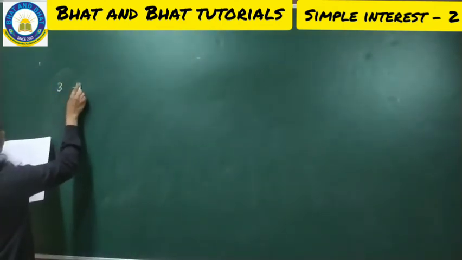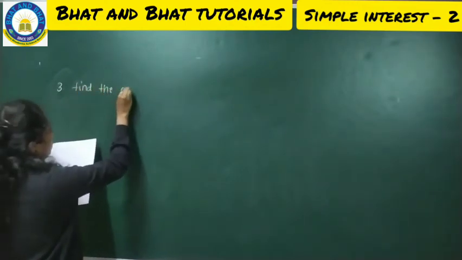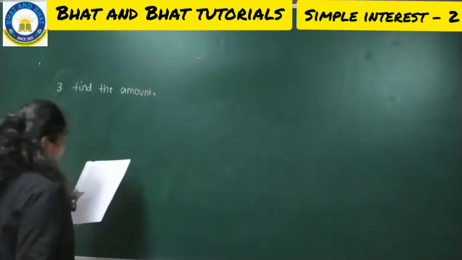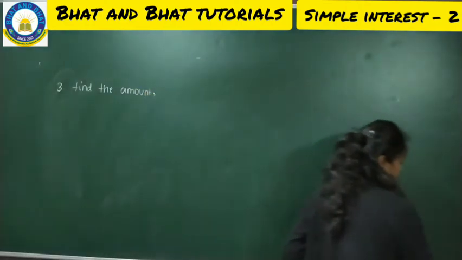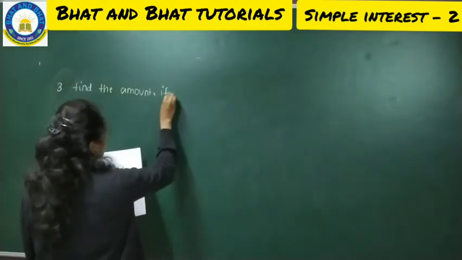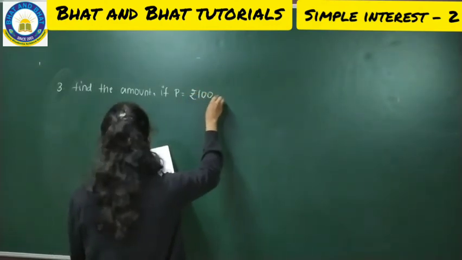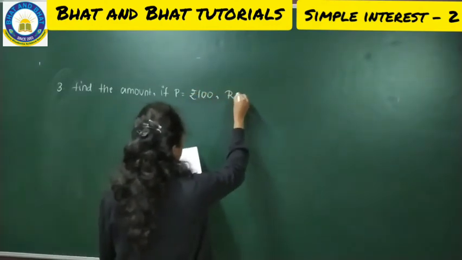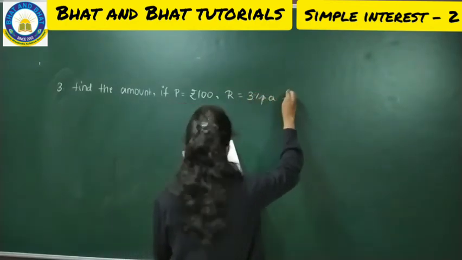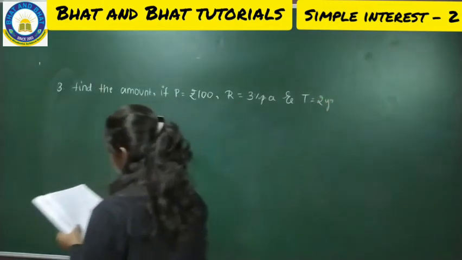Find the amount, if P is rupees 100, that is your principal, okay, R is 3% per annum, and T, that is 2 years. The time is 2 years.